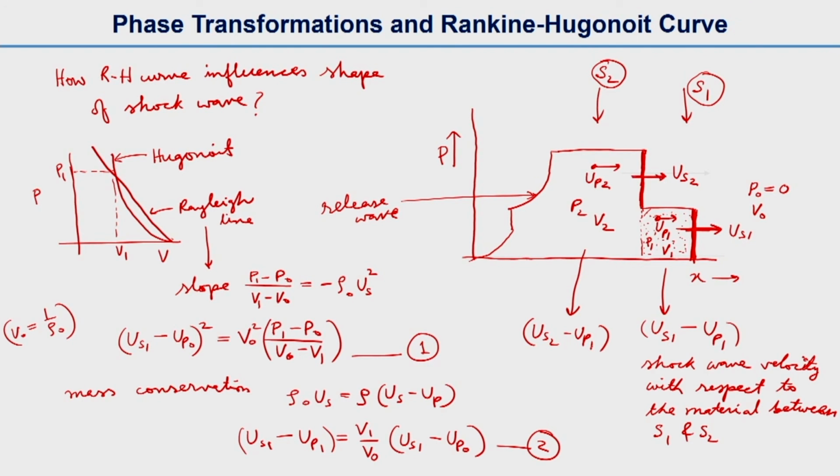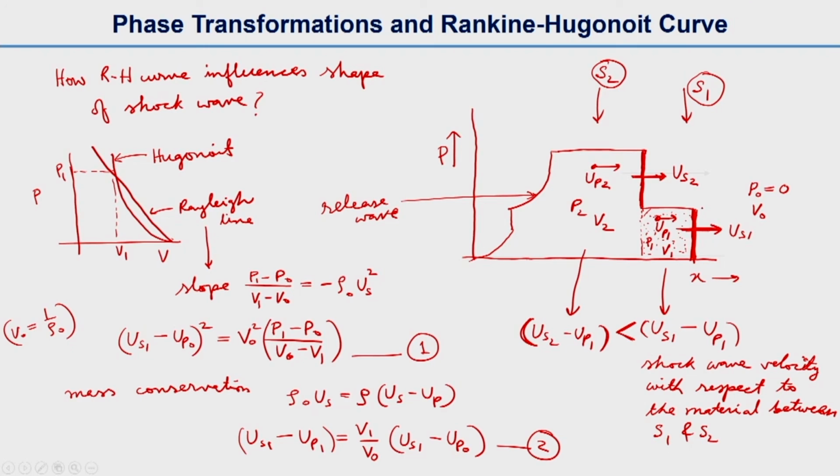What I wrote in this slide is, US1 minus UP1 should be greater than US2 minus UP1. Okay, so if it's not greater than the other one, then what will happen? The second wave will overtake the first wave.